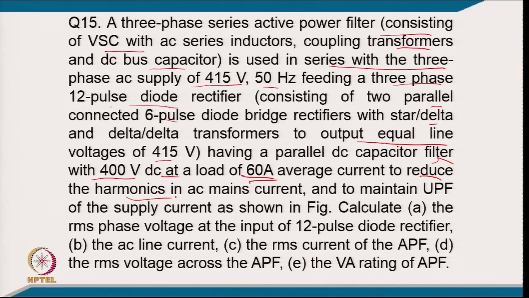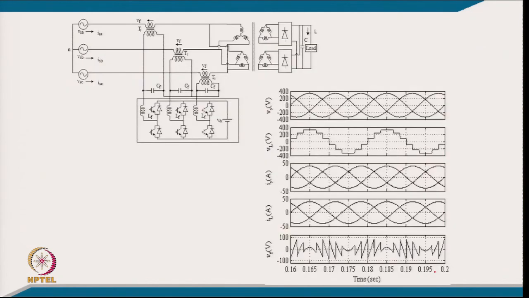This is to reduce the harmonics in the AC mains current and to maintain unity power factor of the supply current, as shown in the figure. Calculate: A, the RMS phase voltage at the input of the 12 pulse diode rectifier; B, the AC line current; C, the RMS current of the active series filter; and D, the RMS voltage across the active power filter, the VA rating of the active power filter.